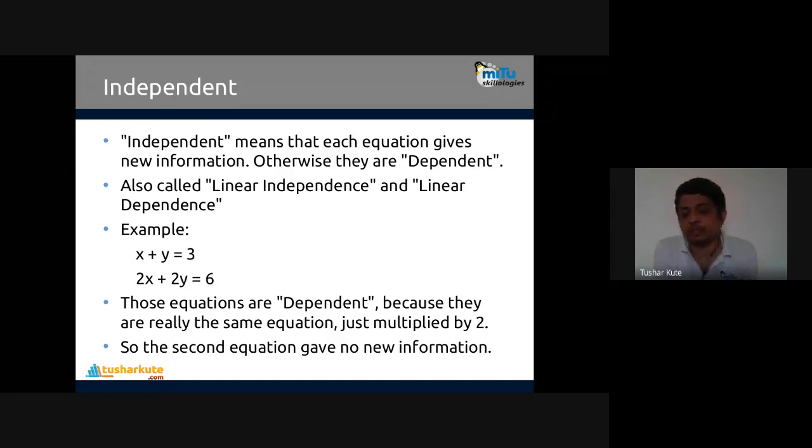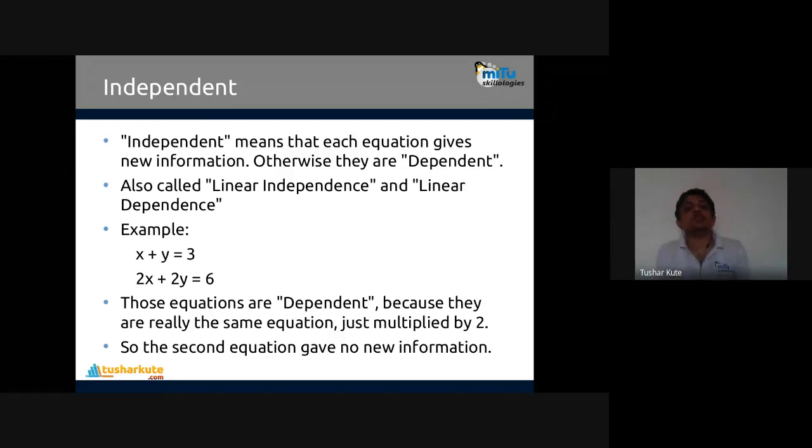See the example I mentioned here: x plus y equals 3 and 2x plus 2y equals 6. What do you think? The equations are the same, correct? For example, if the value of x is 4 and the value of y is 1, and I multiply every number by 2, it is the same equation.